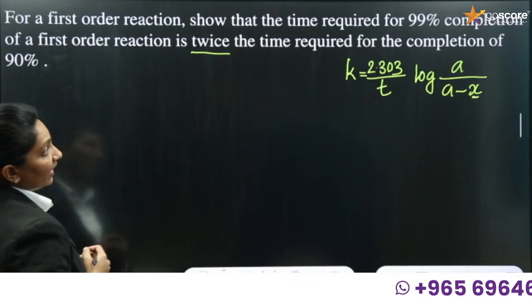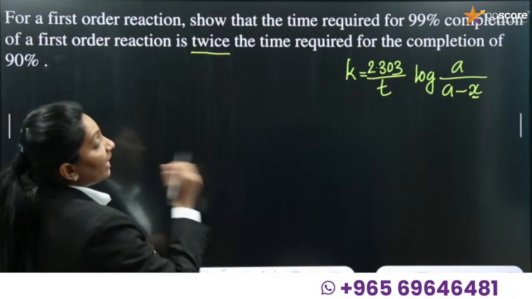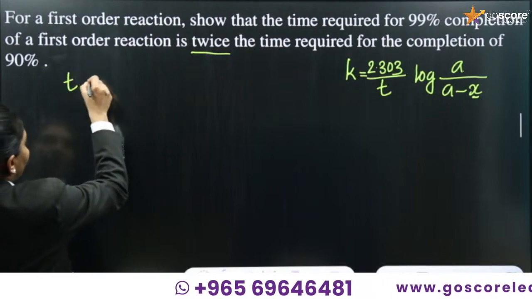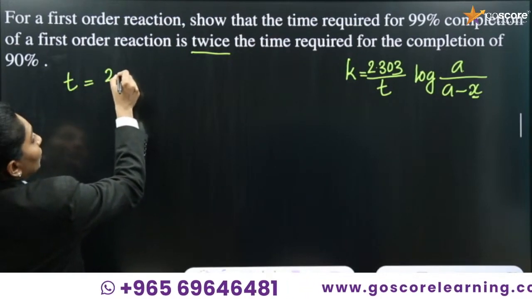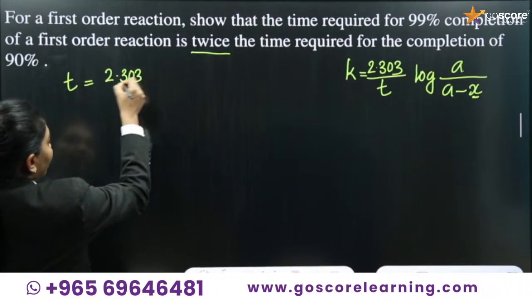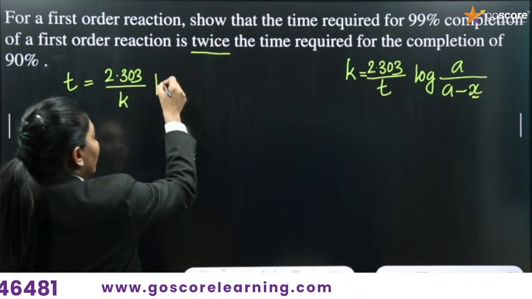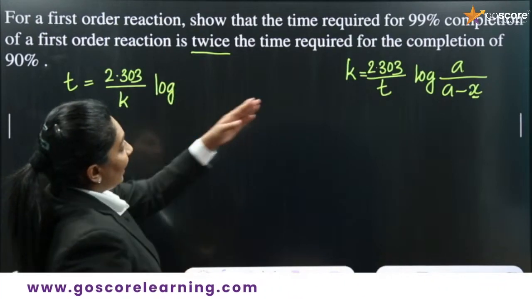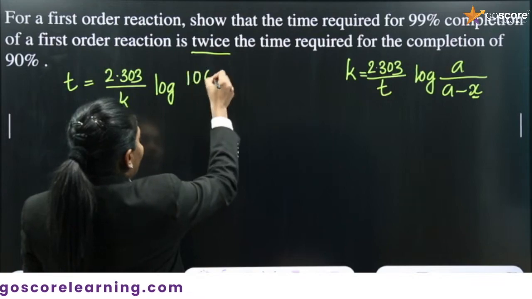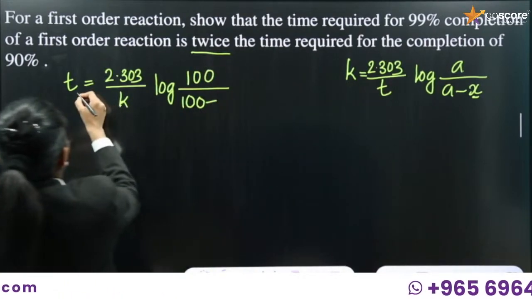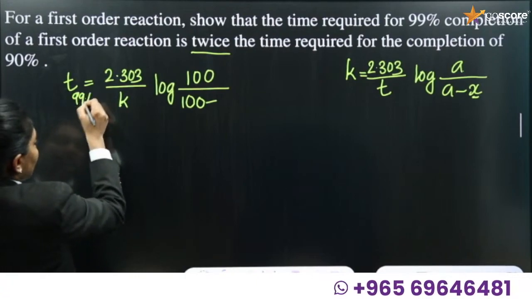Okay. So here for this question, how can we write? It's a first order reaction and the time required for 99% completion, that we need to find out. T is equal to 2.303 by K into log A, that is 100, by 100 minus, it is for time for 99%, right?